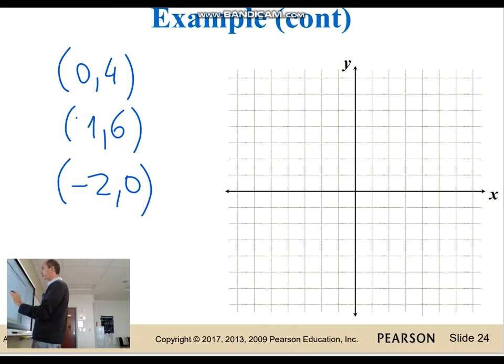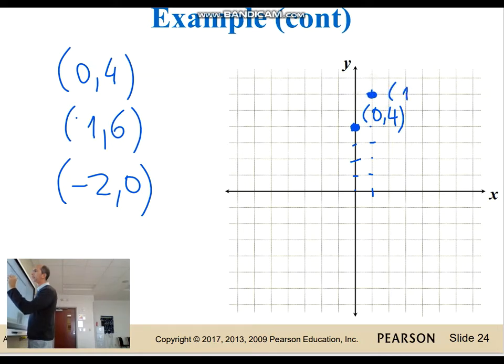Graph the points on the rectangular coordinate system. Here we have 0 and 4. 0 is here, 1, 2, 3, 4. This is 0 and 4. The other one, x equals 1, y equals 6: 1, 2, 3, 4, 5, 6.